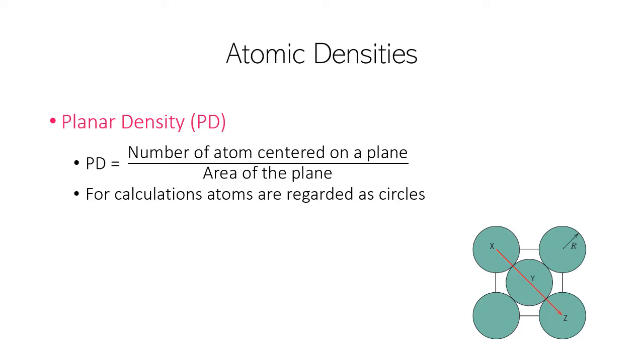So planar density is given by this formula: number of atoms centered on a plane divided by area of the plane. And for calculating planar density, we consider atoms as circles. Okay? So while considering how much area of the item is contained within a plane under consideration, we consider an item as a circle and we look for the area of the circle of a particular item inside or outside that plane under consideration.